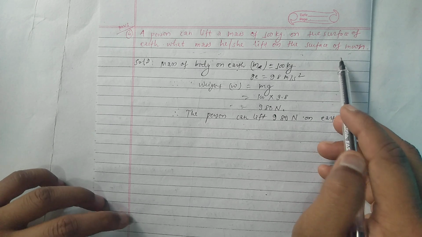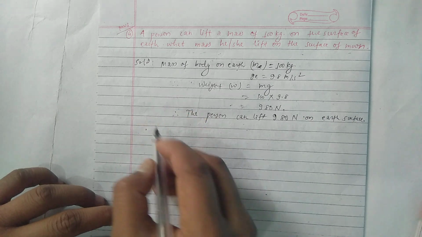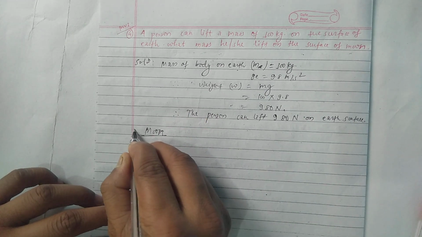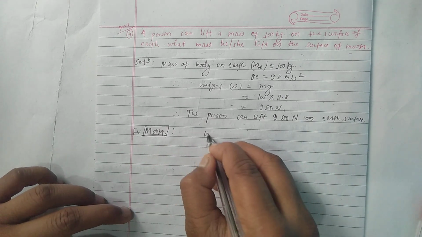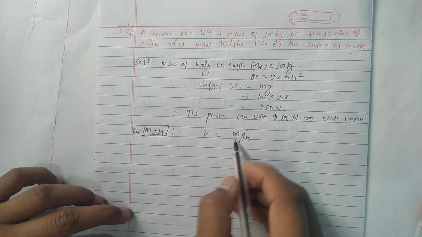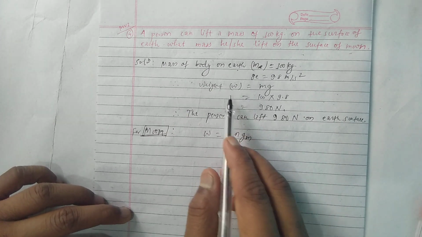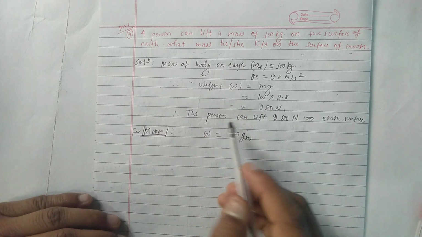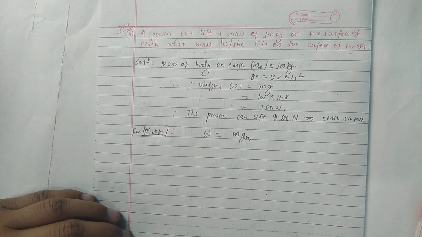Okay, so now this is for the earth. Now for moon, we know that W equal to mg, but this value g is for the moon, and we know that weight remains the same. Weight remains same either on the earth or moon or Jupiter, wherever you go, because the only factor that changes is g.